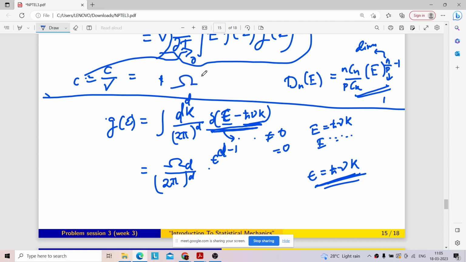Okay, we got some formula for volume, like c_n, c_k to the power n over p, then (E minus E0) to the power n over p, right? Then we did differentiation and we got dn.